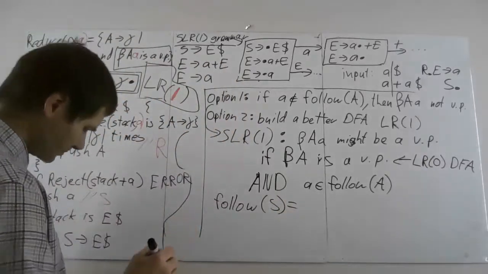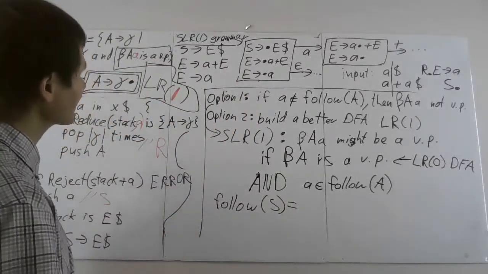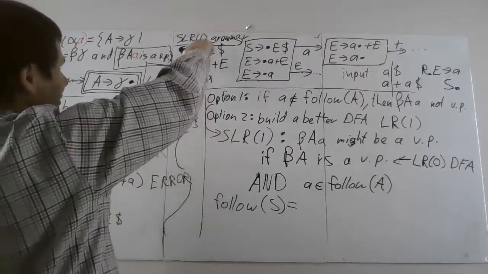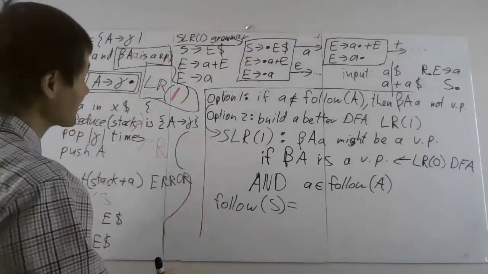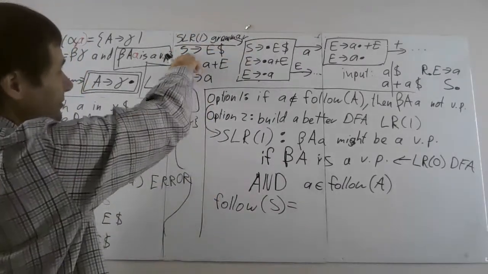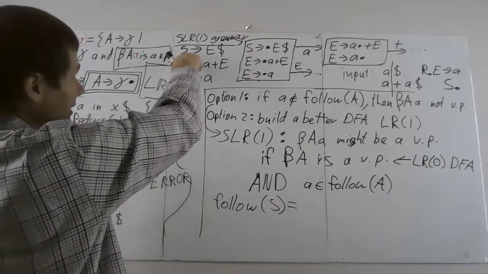What's in the follow set of S? How can S ever appear in a sentential form? S only ever appears at the beginning of a derivation.